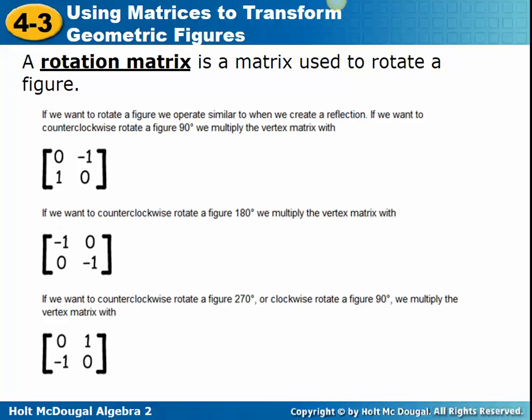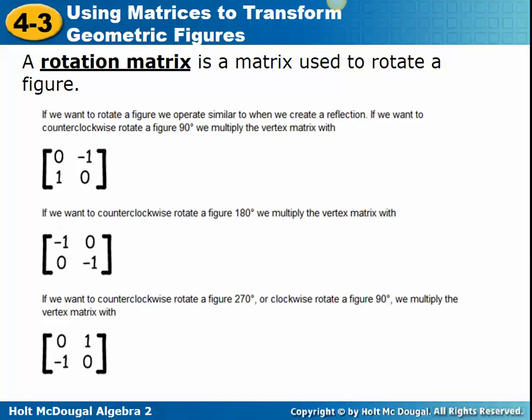So there's different ones for rotating by a different amount. And of course you could rotate by degrees other than 90 or multiples of 90, but those are more complex matrices and you have to use trigonometry to do it. So we're just going to be multiplying by these ones first.